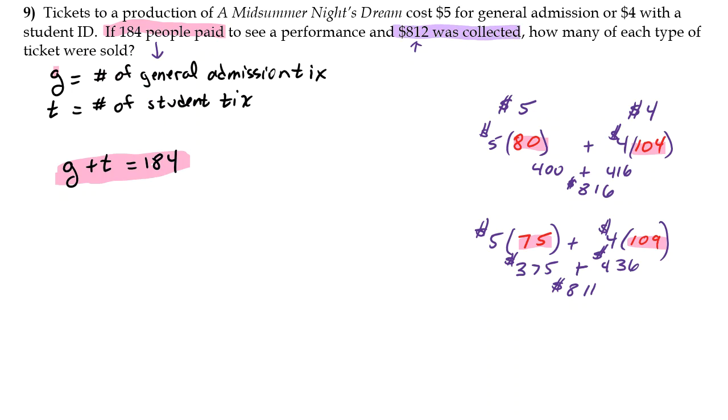How would that be calculated? Well, we get $5 for each general admission ticket and $4 for each student ticket, and that has to come out to be $812. All right, so there are our two equations, and now we're ready to solve.